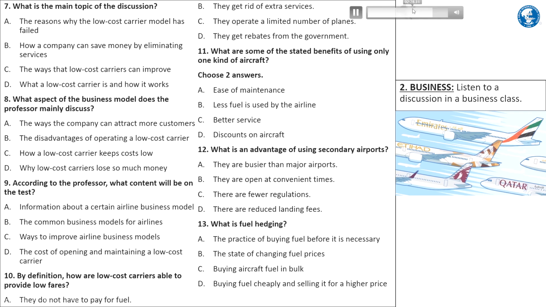By definition, how are low-cost carriers able to provide low fares? 11. What are some of the stated benefits of using only one kind of aircraft? Choose two answers. 12. What is an advantage of using secondary airports? 13. What is fuel hedging?